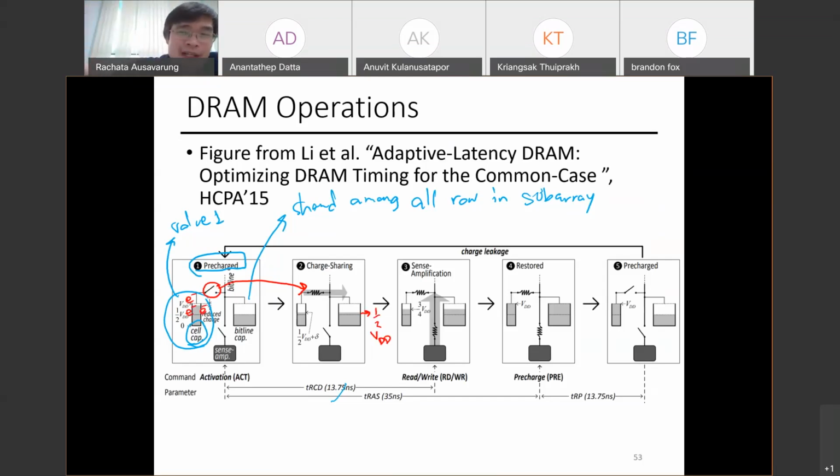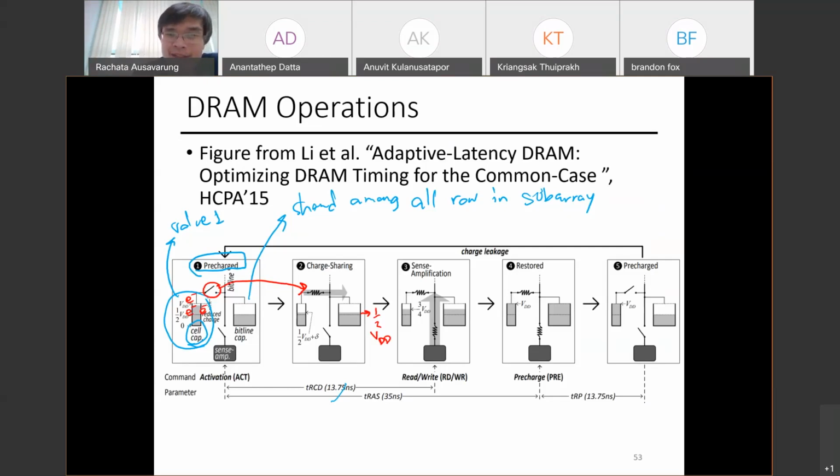It can be 1.5 volts, it can be 1 volt, it can be around 1.25 volts, depending on different technology. But it's a reference voltage. If it's greater than half of this value, you're dealing with the value 1. If it's lower than this, it's a value of 0. That's how you can transfer binary information from electrons. Greater than half VDD, 1. Lower than half VDD, 0.